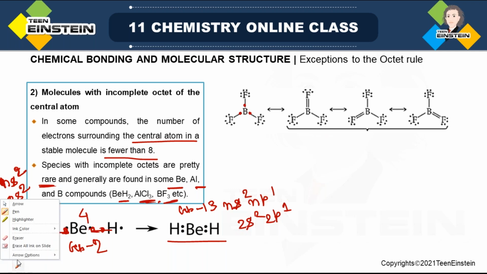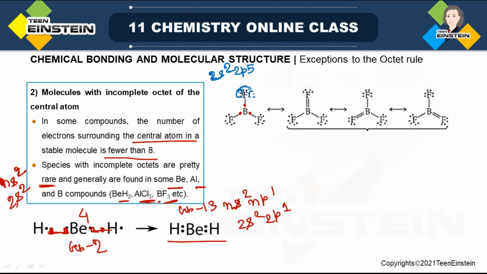This is for the central atom, but from the point of view of fluorine, fluorine has a total of 7 valence electrons because it has the configuration 2s2 2p5, and out of these 7 valence electrons, 6 are present as lone pairs, a total of 3 lone pairs surrounding fluorine, and 1 electron is used for bond formation with boron.